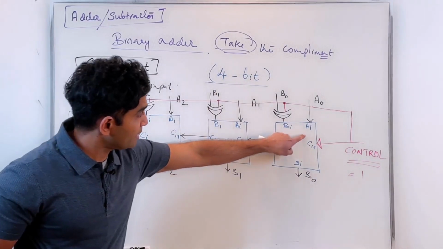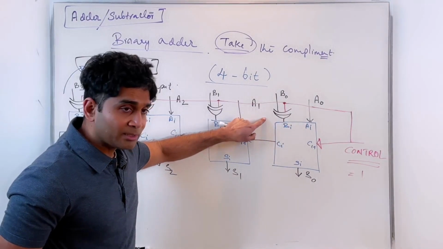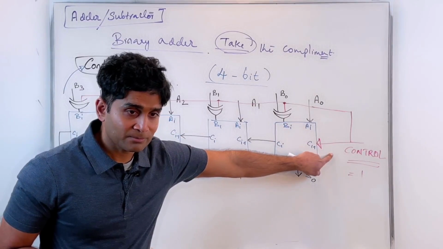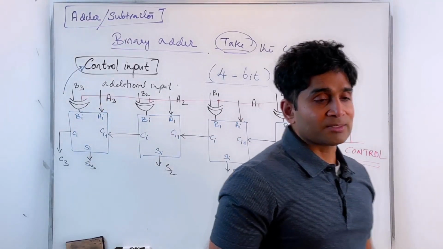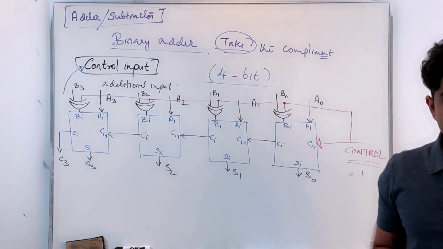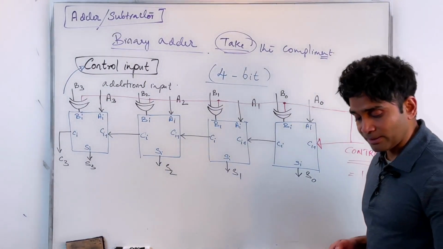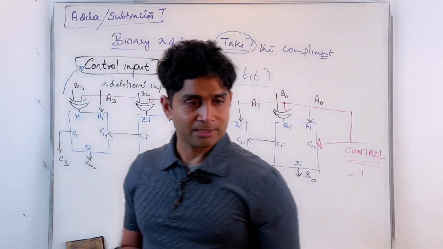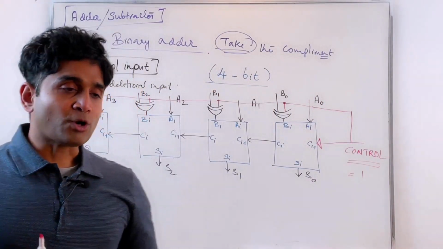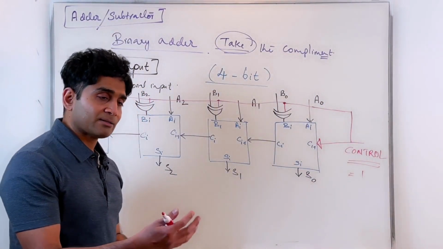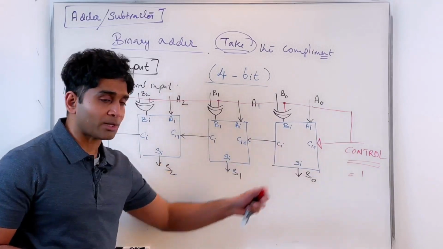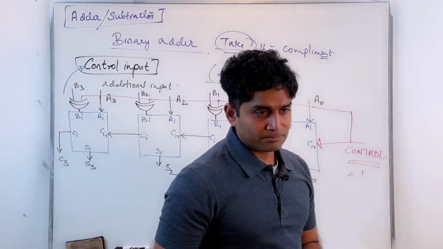So I'm adding A to the inverted version of B along with 1, and I'm performing the subtraction operation. That's A plus 2's complement of B, that gives you a subtractor. The same circuit, I can configure at different times as an adder or a subtractor, just based on what I apply on the control input.